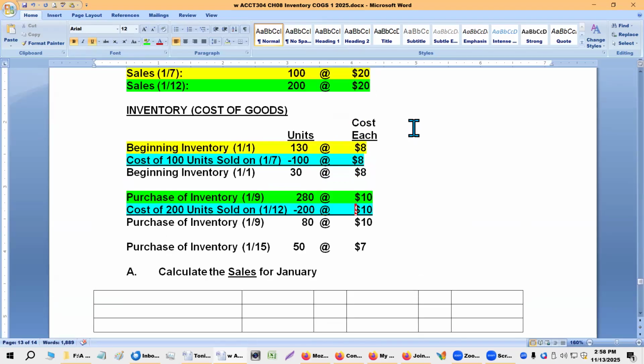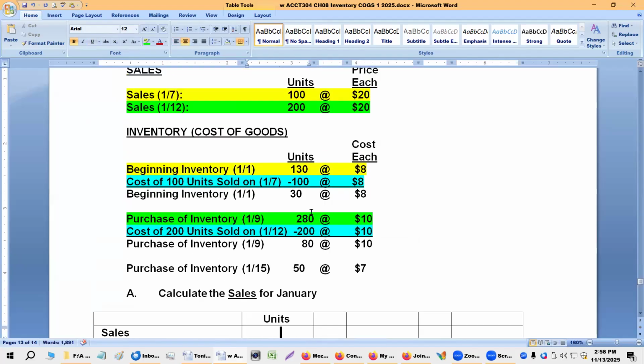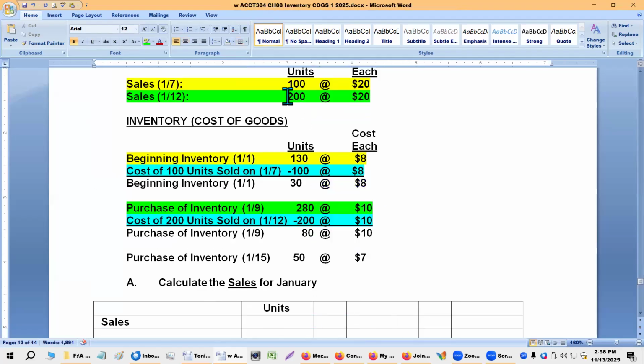Well, let's do the simple one then. Sales units. We can add these up because they're sold at the same price.